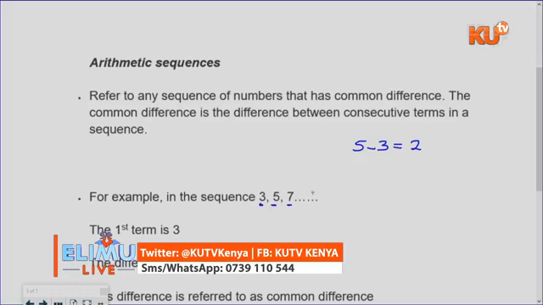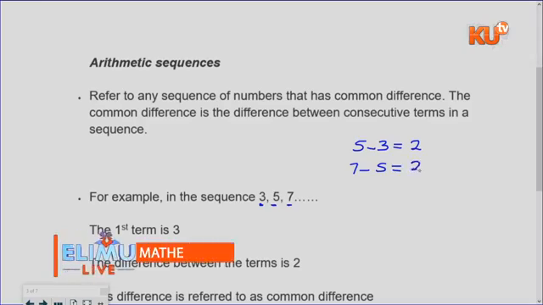Similarly, if we take the third term 7, minus the second term 5, you again get 2. Now this 2 is constant and is a common figure that we are calling the common difference, because it is the difference between the consecutive terms of this sequence.